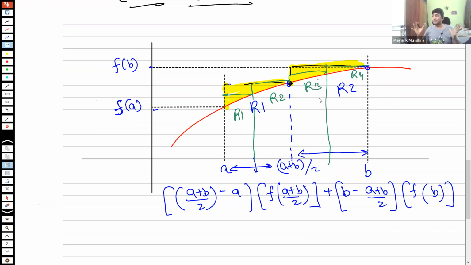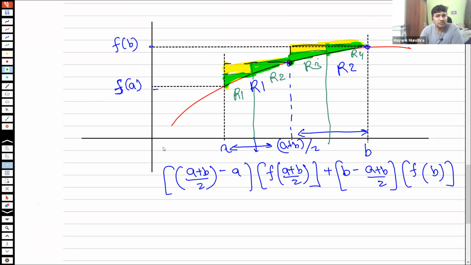So when we break it up into four pieces, the actual error is going to be just this much. So you can see the green error is definitely smaller than the yellow error. So the more rectangles that you break your domain into, the less is going to be the error in calculation.